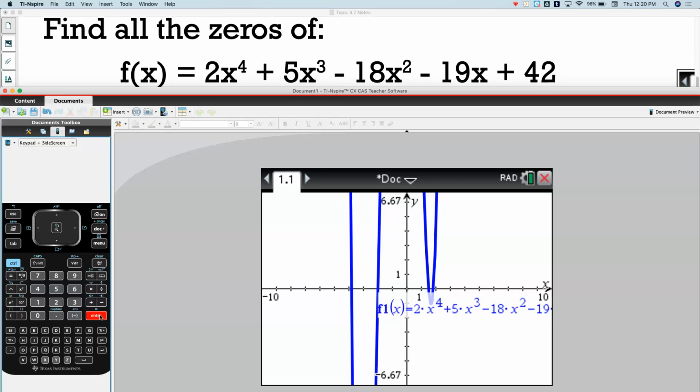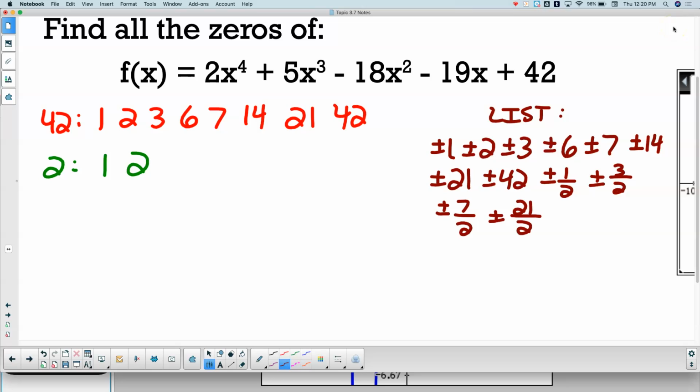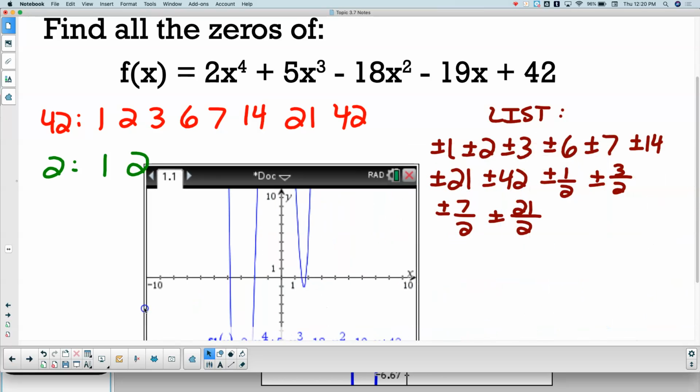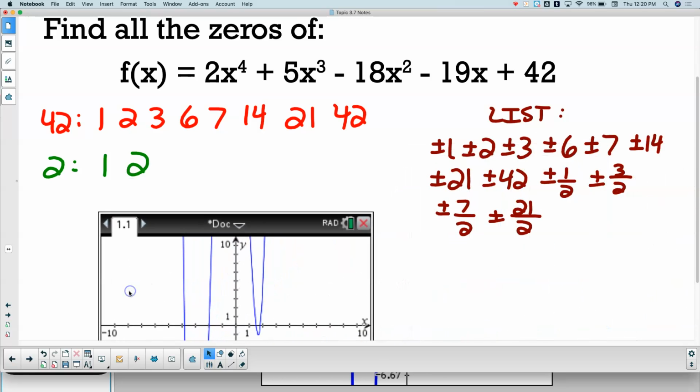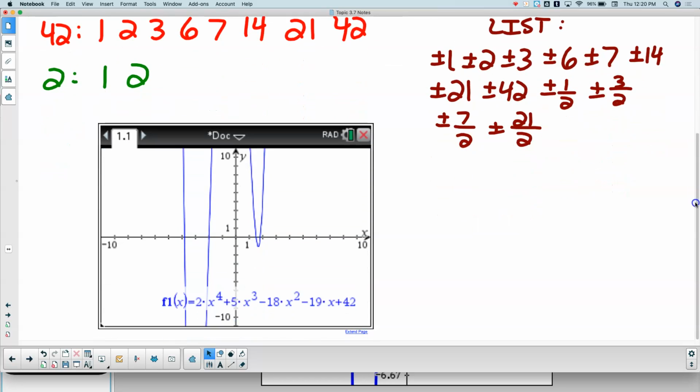Okay? So what that did is that showed us, according to our graph, where the zeros are, right?